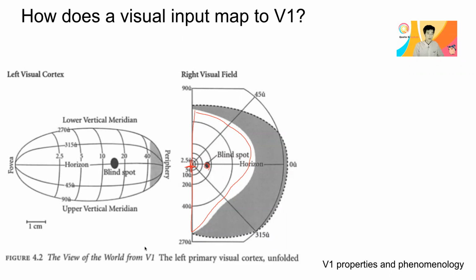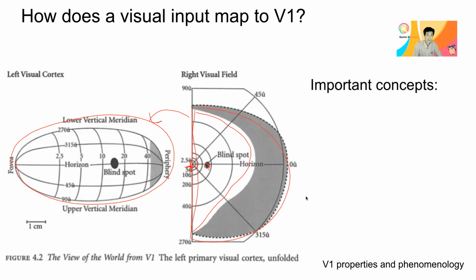V1, if you unfold it, looks like a rugby ball kind of shape. It is ellipsoid. Even though the outside world is this sort of half circle here, it's mapped onto this round ellipsoid. So there is some kind of transformation from here to here, and it's been worked out quite a bit mathematically already in the computational neuroscience field.